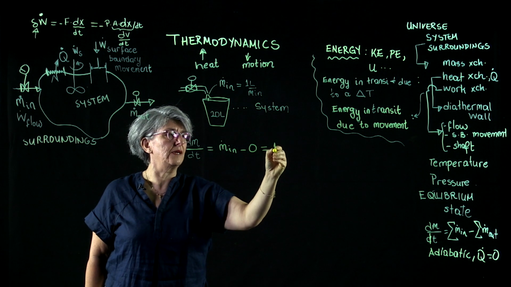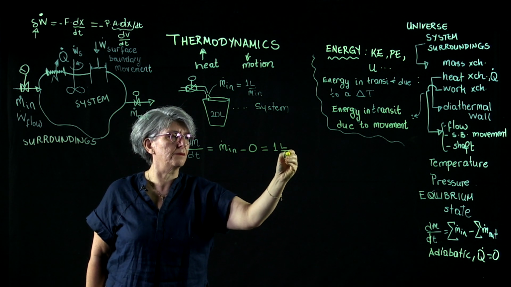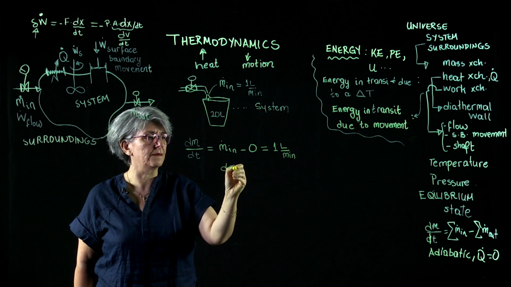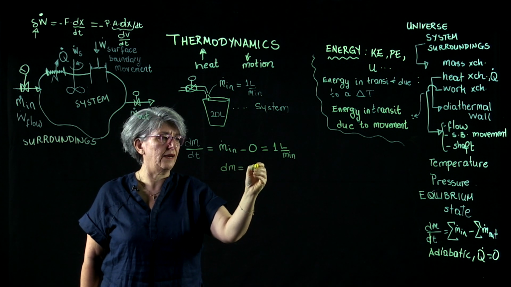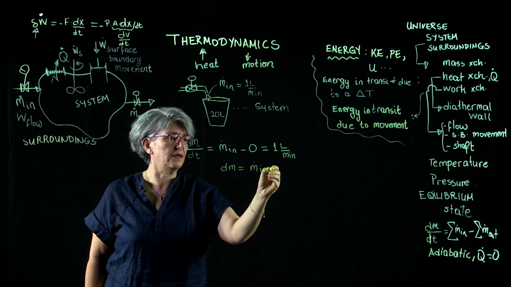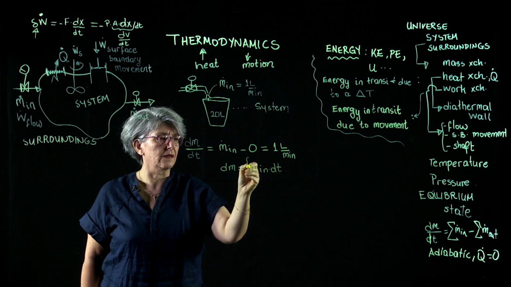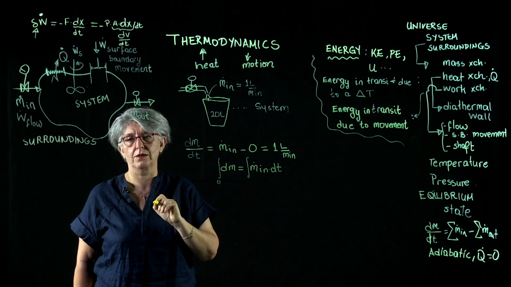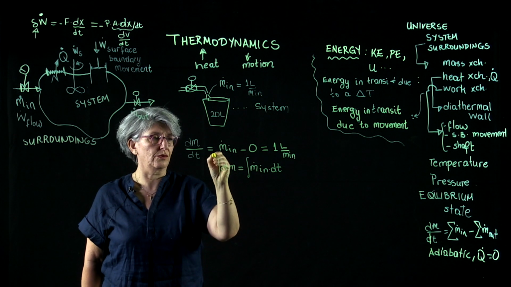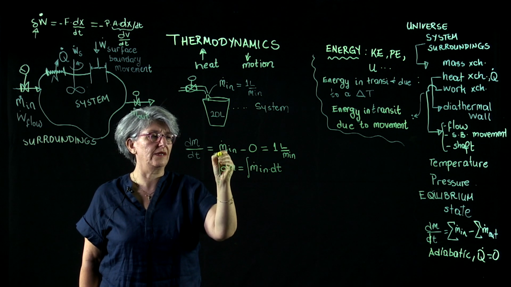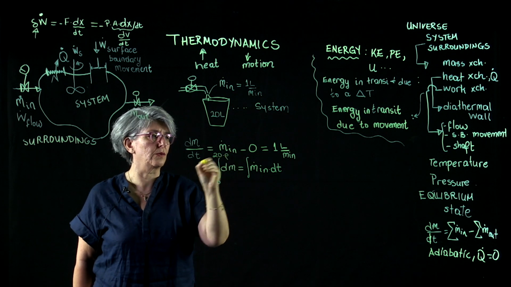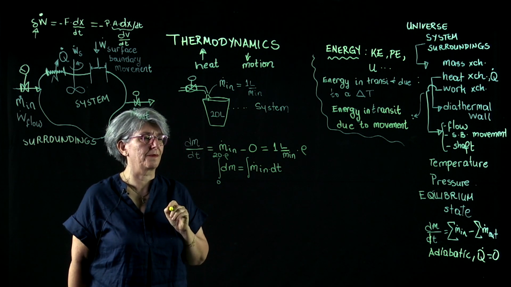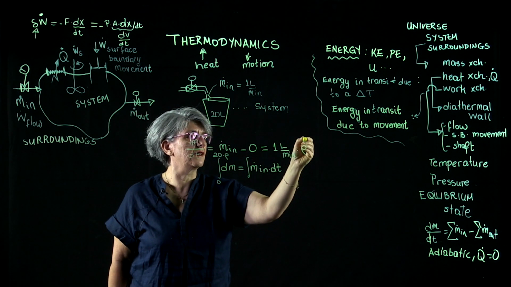This is 1 liter per minute. I'm going to integrate. dm is equal to m dot in times dt, from 0 to 20 times rho. Rho is the fluid density.